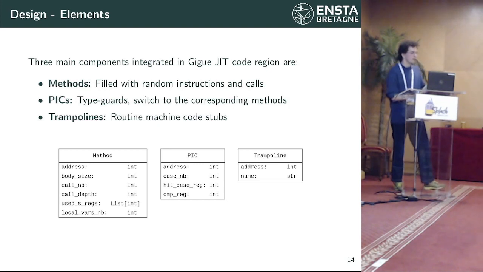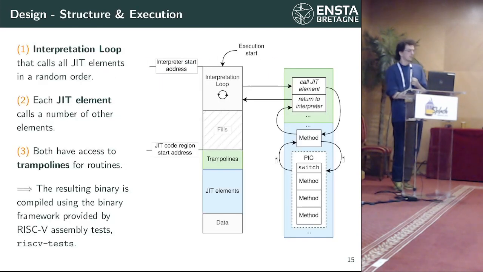The three main components are very simple. There are methods that are filled with random instructions and calls. We have a model for polymorphic inline caches, which is basically a number of caches and then our methods. And we have some trampolines to manage the calls to and from the interpretation loop. Our binary structure, which is self-contained, has an interpretation loop that calls all JIT elements in a random order.